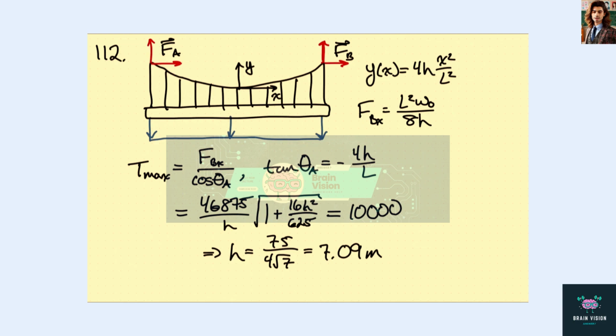Now, the maximum tension is going to be at either A or B, where the absolute value of the cosine of the angle is the greatest.